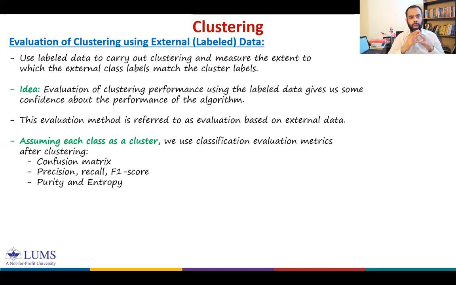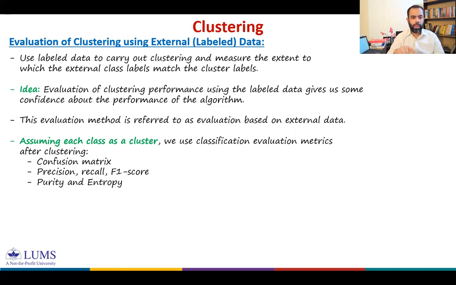If we assume each class as a cluster, we use classification evaluation metrics after clustering, right? Because we have the label data. Once we carry out clustering, we reassign labels, and we have these clusters. And now we can use the confusion matrix. We can use precision, recall, F1 score, ROC curve to evaluate the performance of the clustering.